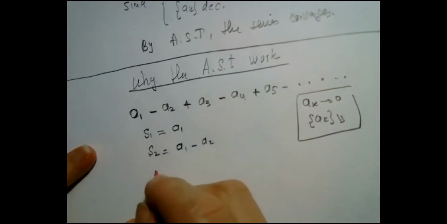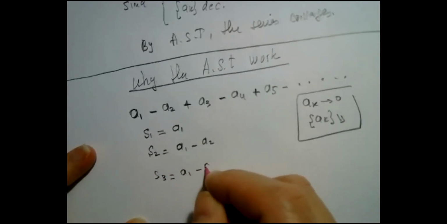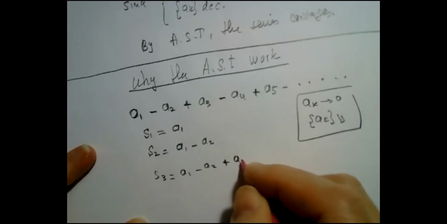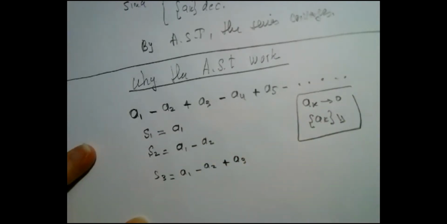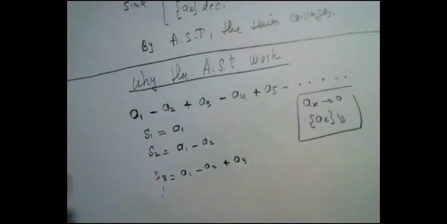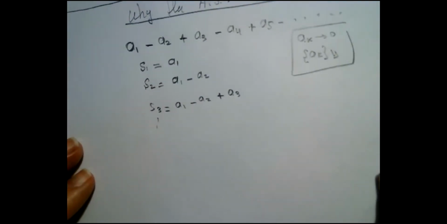Both conditions we're going to be using. For S3, you take a1 minus a2, and then you add a3 to it, and so on. So why don't those sums eventually blow up? Why are they actually going to get close to something? This is the intuition behind the idea.